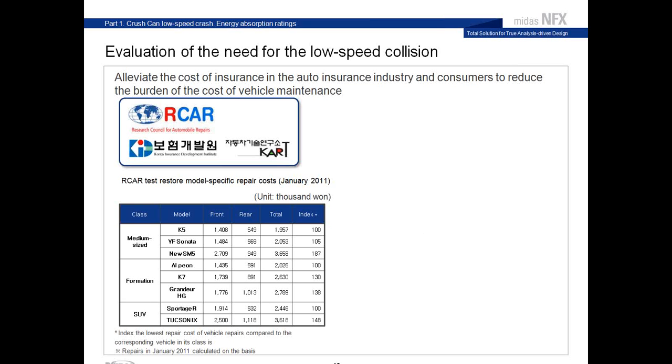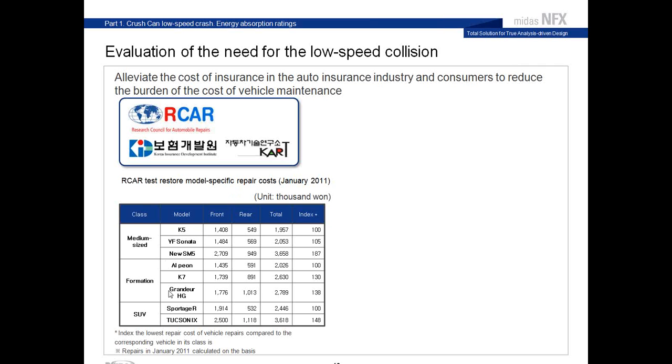So there are some, let's say, international norms, like the RCAR bumper test, which encourages the vehicle manufacturers to produce effective bumper systems. And this norm is used by insurance companies. They use this to test the cars with front low-speed collision and rear low-speed collision in order to see the cost of the repair you will have to do if it really happens.